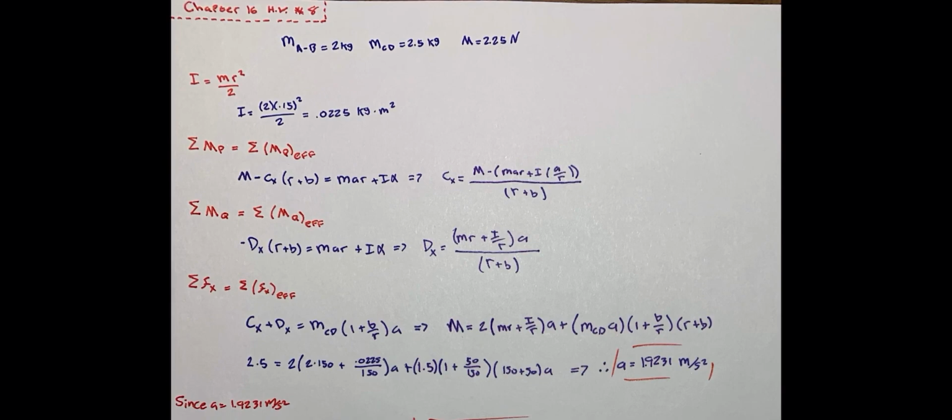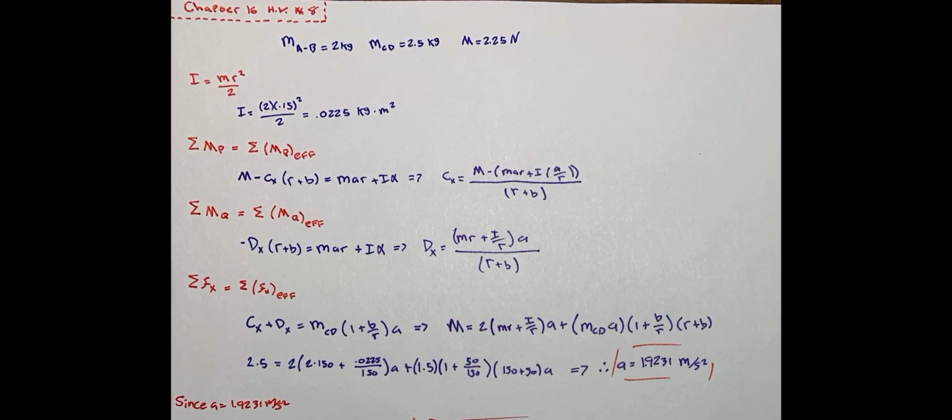Next, we can equate the system of external forces with the system of effective forces. And we can solve for Cx using this equation. And then we can do the same thing, but at point Q instead of point P, and solve for Dx.